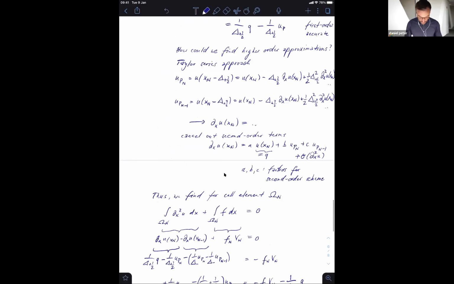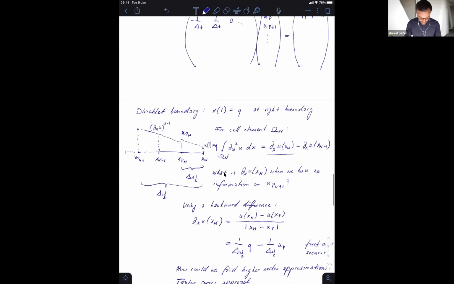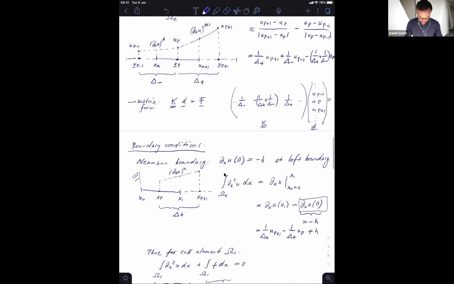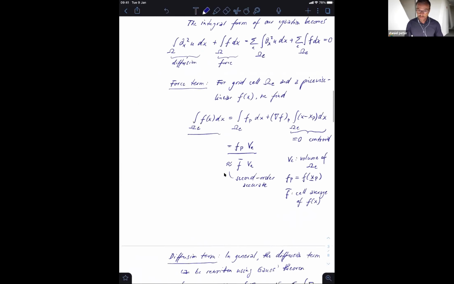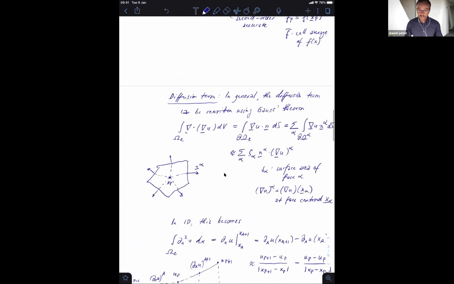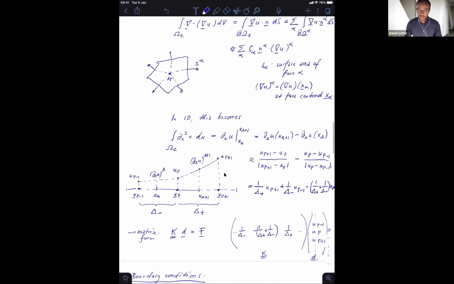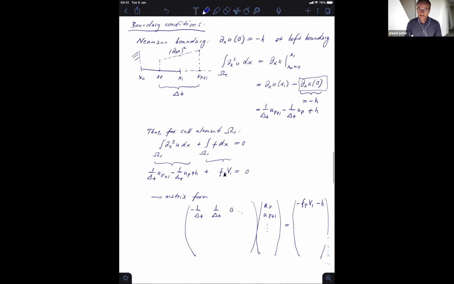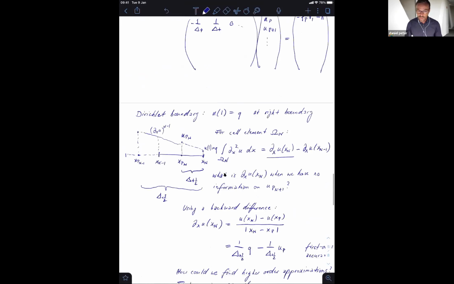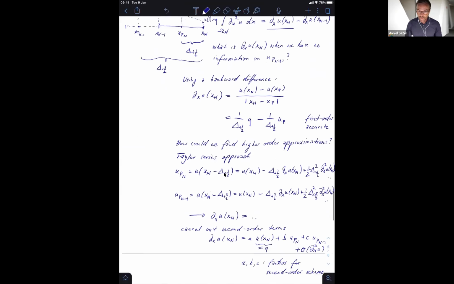So we have everything discretized. We have the force term discretized, the diffusion term discretized, and also figured out what the boundary conditions will be for the Neumann boundary and for the Dirichlet boundary.